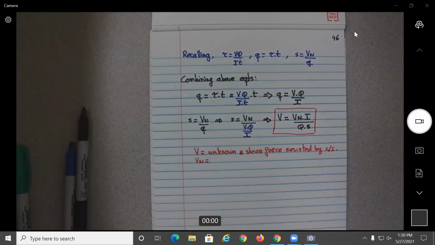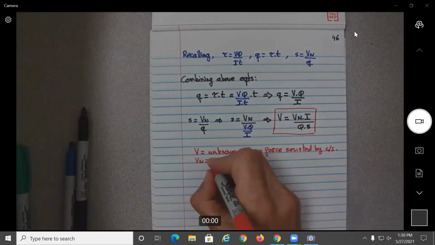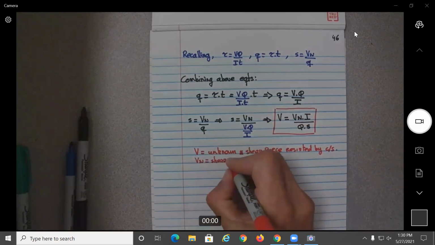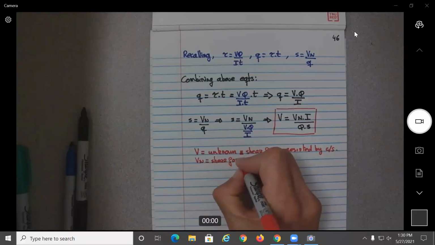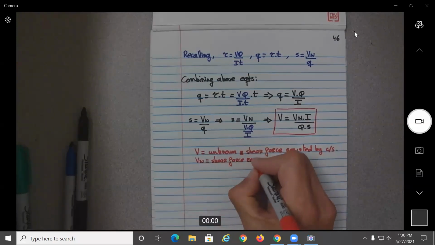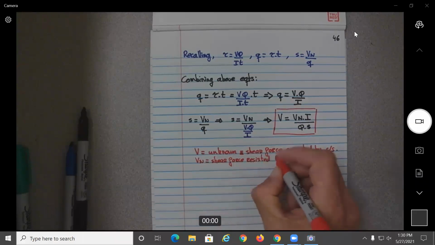What is V nail? It is the shear force resisted by the nail.